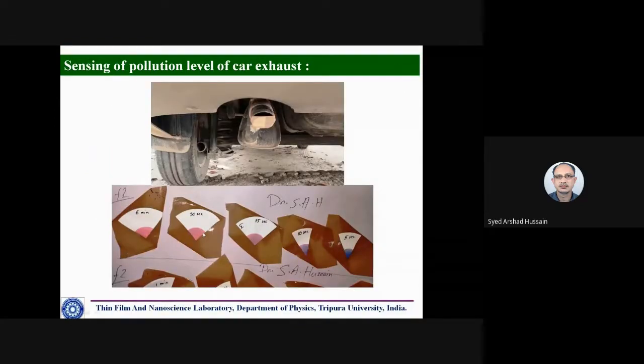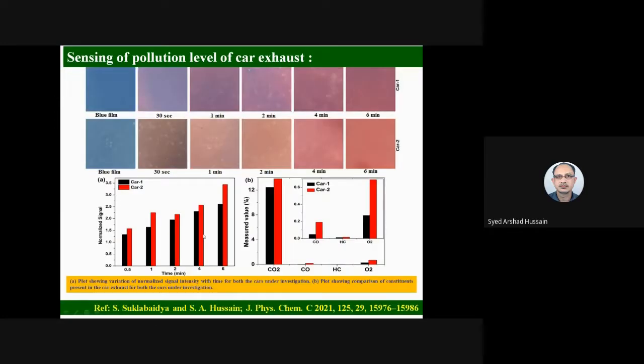Then we extracted the RGB value from there and tried to compare it with the present pollution level in the car exhaust. How did we do it? We tested the car pollution level in the standard pollution level measuring system, and we calculated the presence of CO2, CO, HC, O2, etc. in the exhaust.